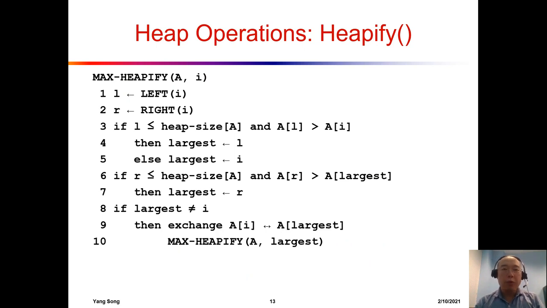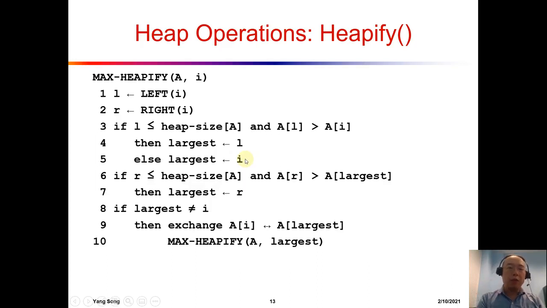So let's see how we can do the Heapify. We grab the left child and the right child, and we assign them to L and R. Then we make sure that the left child is smaller or equal to the heap size of A, because we have to make sure there is really such a node in the heap. If so, we check if the value of the left child is greater than the parent i. If so, the largest will be L, and otherwise the largest is i.